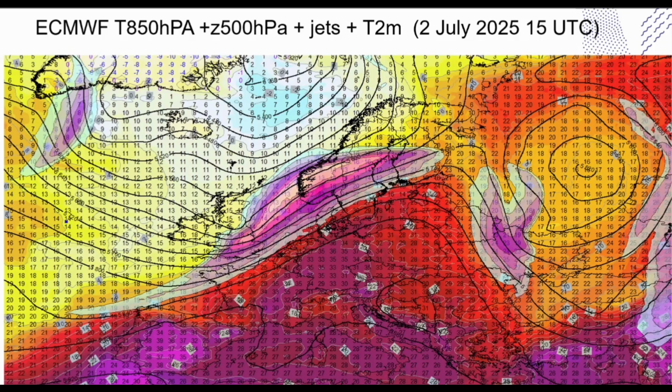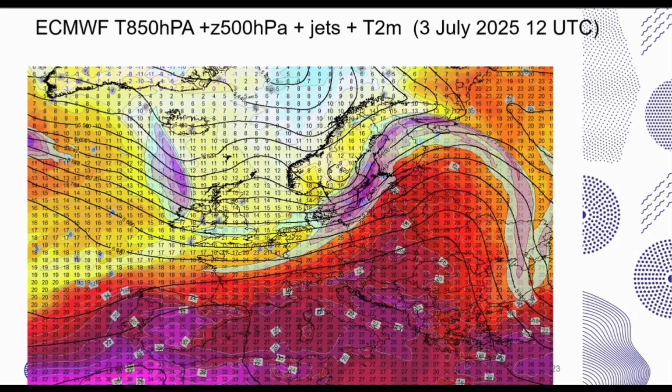And then we still have the pretty saturated upper level low here in the western part of Russia. And then we move towards tomorrow, 12 UTC tomorrow. Now you can see that the jet and the fronts start to move further to the east and a bit towards the north as well.